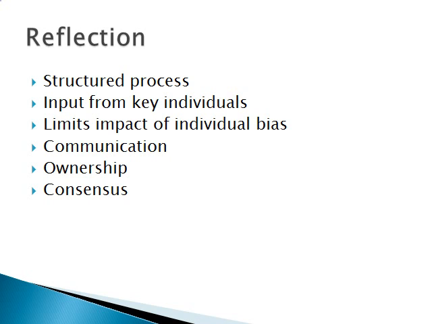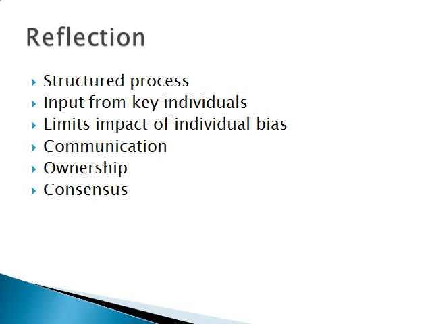The takeaway on this is that this process is structured. It asks for input from key individuals, which is very important, and makes them know that they are part of this decision-making process, and in that way gets buy-in from them.